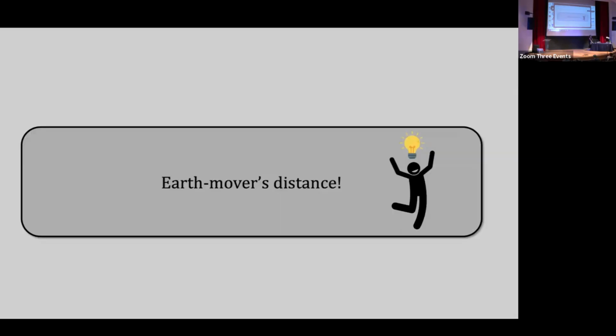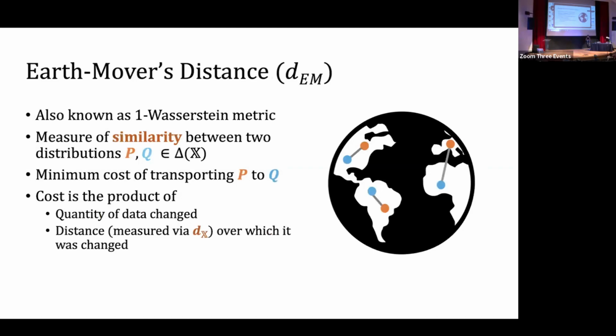We tackle this by using the Earth mover's distance. The Earth mover's distance, which is also known as the Wasserstein distance metric, measures the similarity between two distributions. Informally, it is the minimum cost of transporting one distribution to another, and the cost is a product of both the quantity of the data that is changed as well as the distance by which this change occurs.